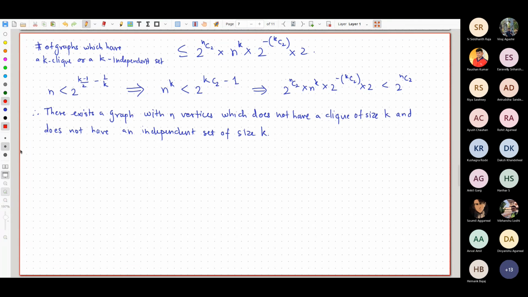Right, so which means, corollary, the Ramsey number R(k,k) is at least 2 to the k minus 1 divided by 2, minus 1 over k. Oh, I need to plug up my computer.